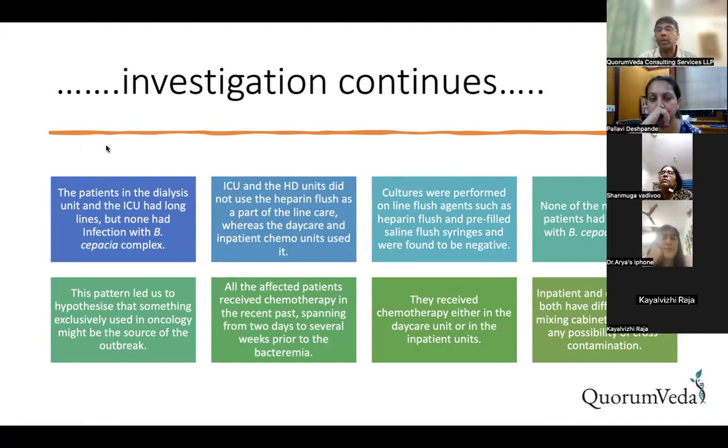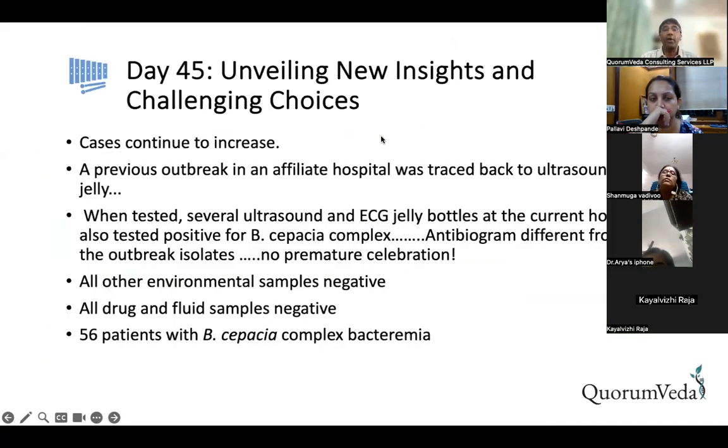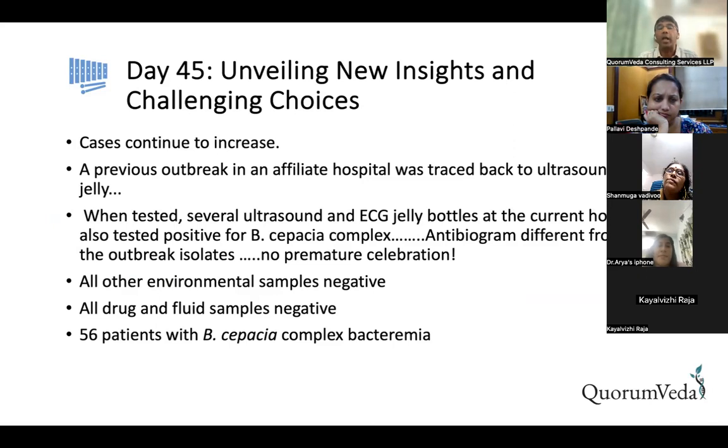Inpatient and daycare have different chemo mixing cabinets, eliminating cross-contamination. Still, ice packs were the common source, found out, ruled out. Day 45, days continue to increase. A previous outbreak in another hospital, ultrasound jelly had grown Burkholderia cepacia, had a callback.